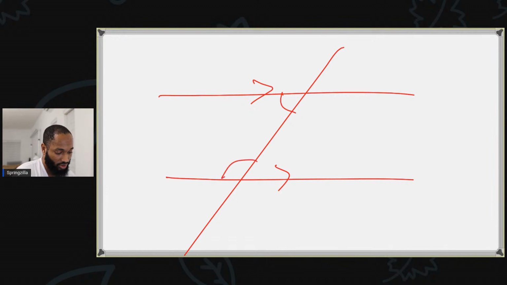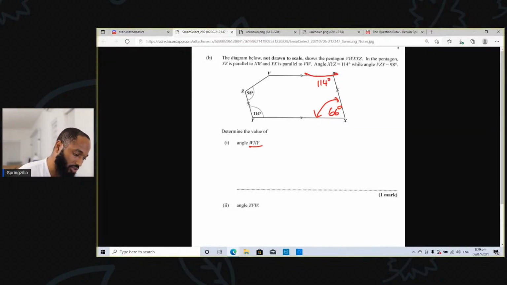So these two angles are co-interior, so they always add up to 180. So to find this missing angle, just add up all the angles in a pentagon. How many angles are in the interior of a pentagon? Let me just show you something to take into the exam.